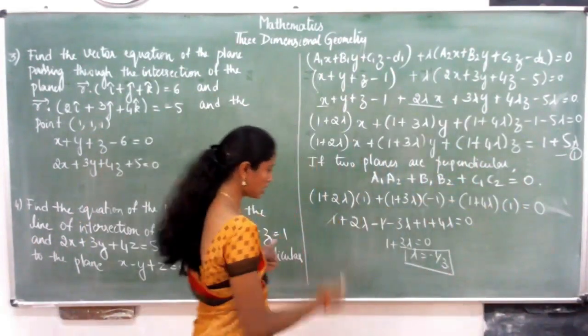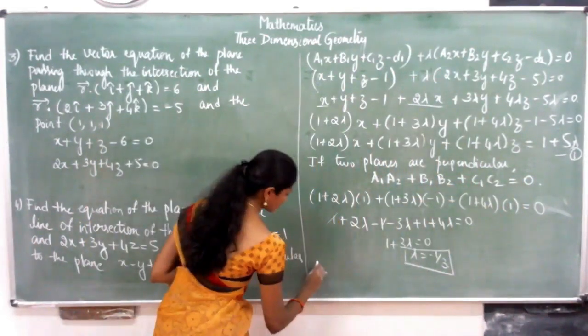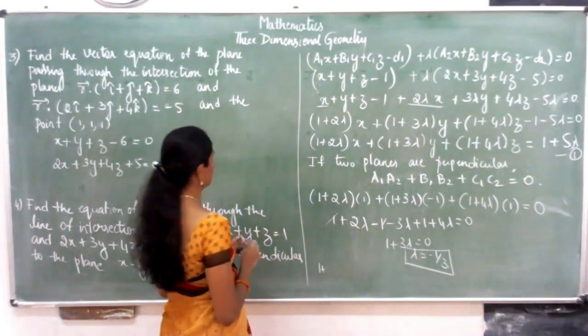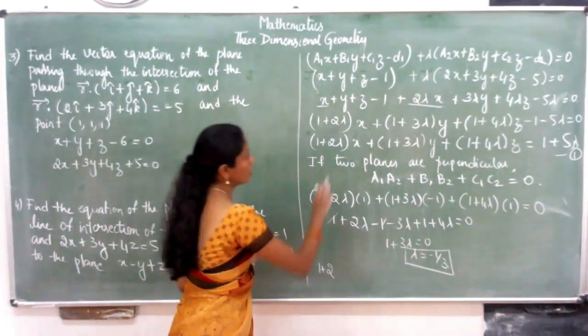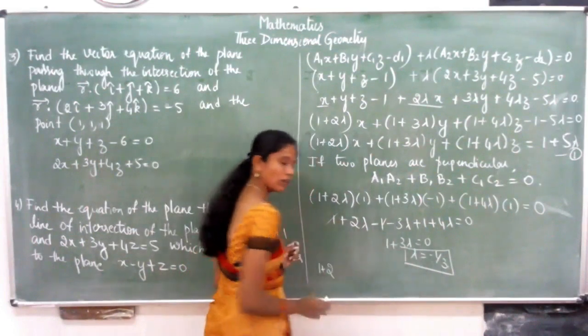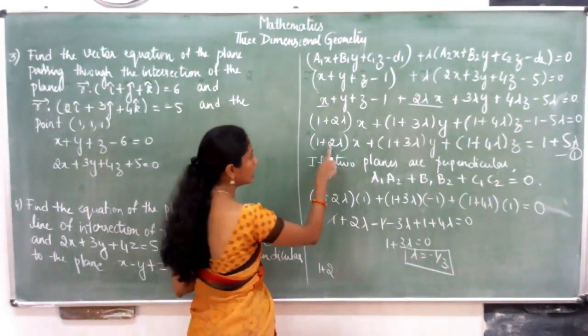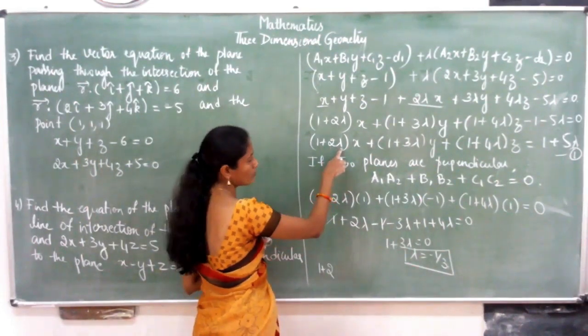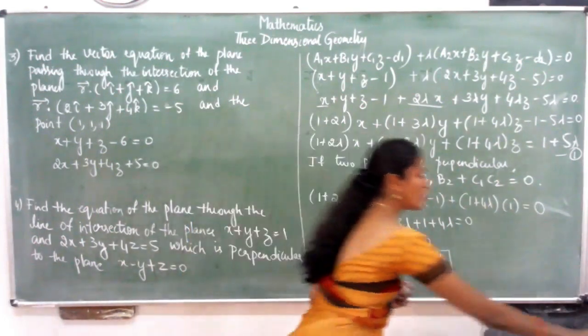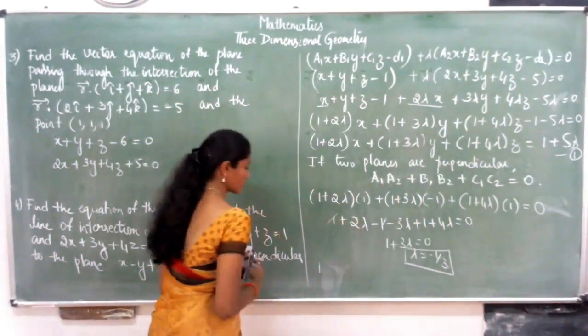So substituting in equation 1, we get 1 plus 2 into lambda value, which is minus 1 by 3. I am doing it directly. 2 into minus 1 by 3 will be equal to minus 2 by 3.